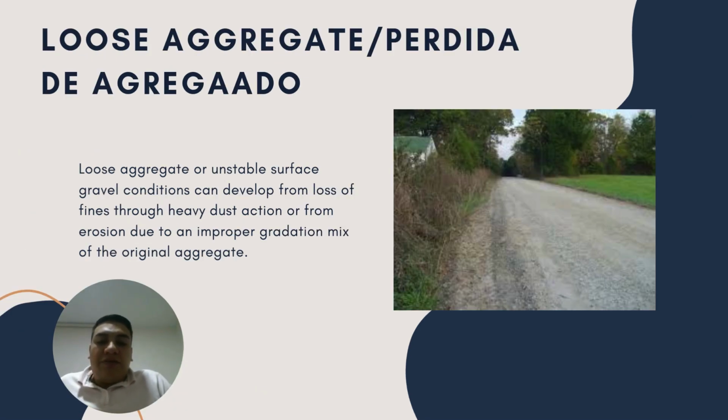Loose aggregate on unstable surface gravel conditions can develop from loss of fines through heavy dust action or from erosion due to an improper gradation mix of the original aggregates.